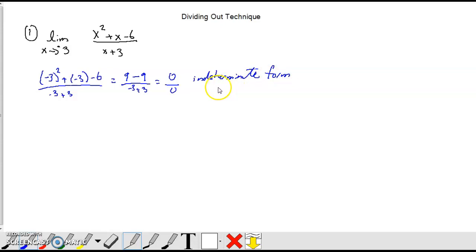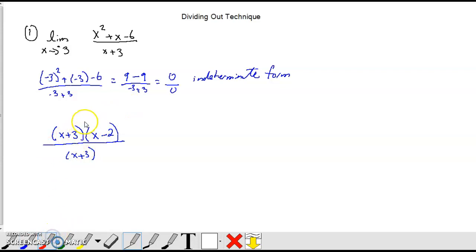So what can I do? Okay, so let's divide out. So I should be able to get rid of what's causing the denominator to become x plus 3. So I'm going to factor the x squared plus x minus 6. So if I factor it into x plus 3 and then x minus 2, and then this will be x plus 3, what I'm going to do is take out what made it indeterminate, which was this guy.